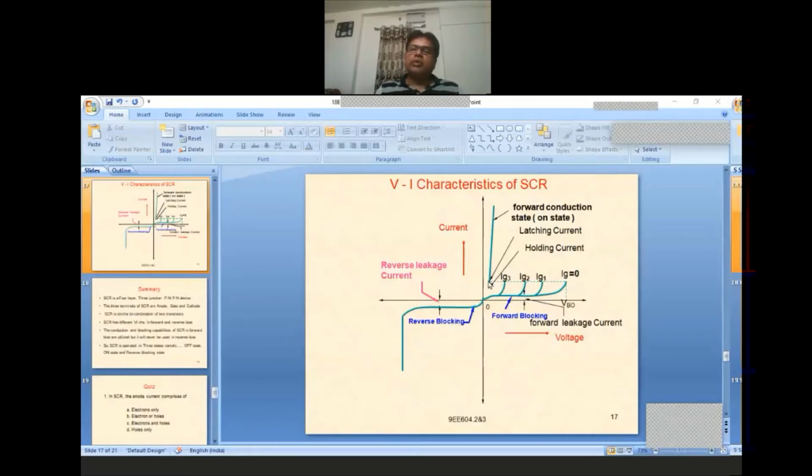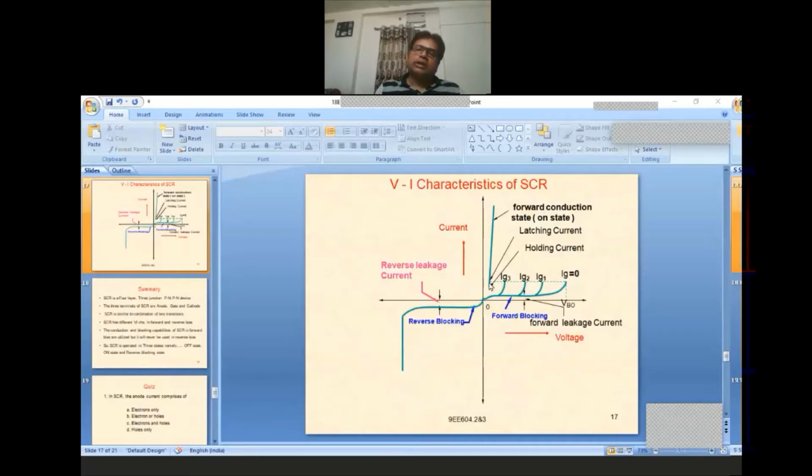But when the current decreases further because of some reason and falls below a value called the holding current, then it will immediately get turned off and come into the forward blocking region. And normally we will be operating the SCR and maintaining it in the forward blocking region when not required.